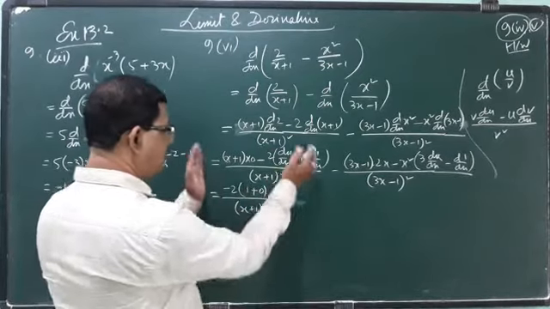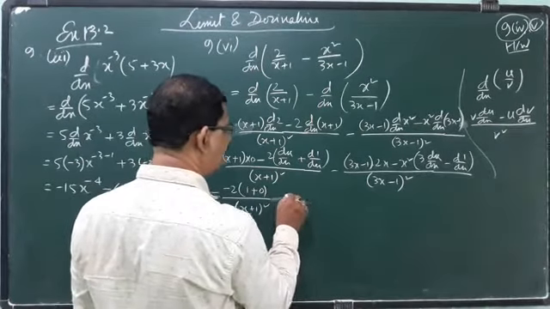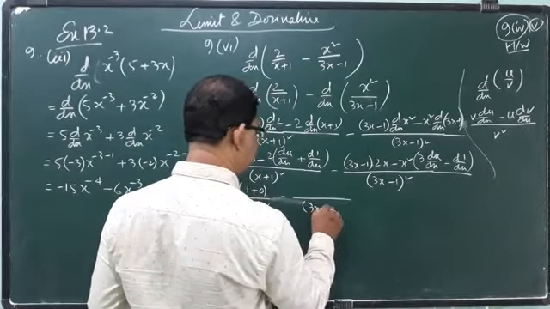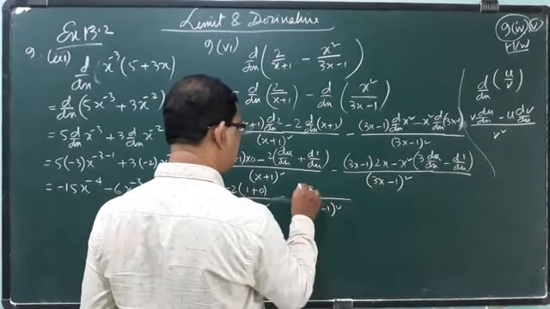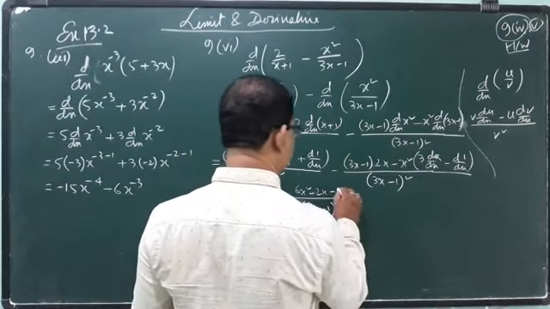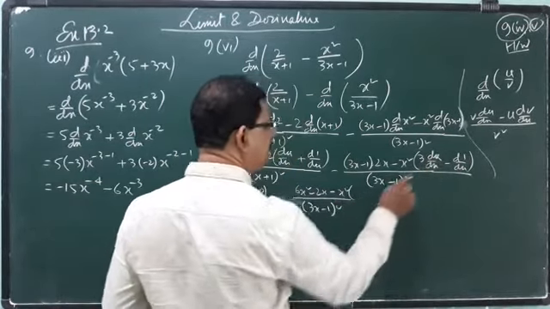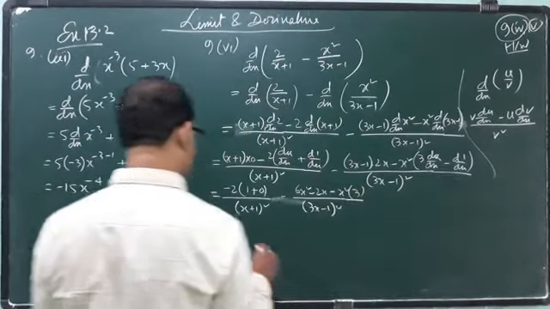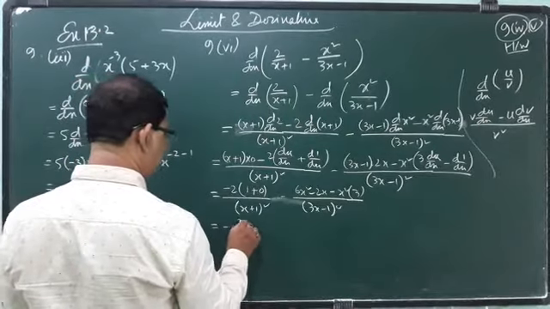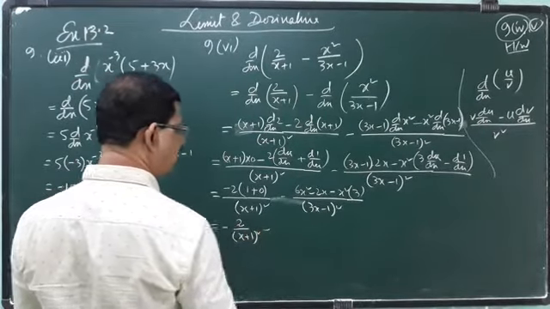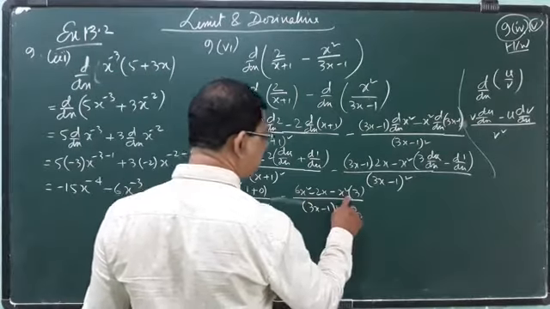So ultimately we come to the smaller terms, and here 3x minus 1 whole square. If you multiply, it is 6x square minus 2x minus x square, dx by dx again 1, so it will be 3. So ultimately here minus 2 by x plus 1 whole square, here 6x square minus 3x square.